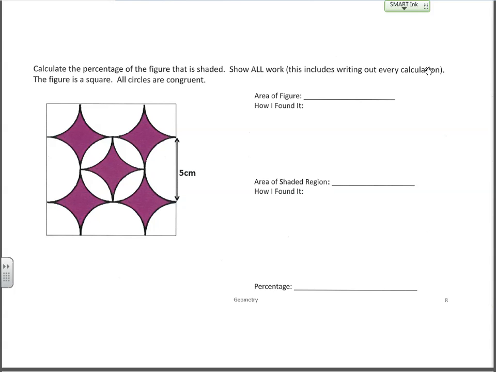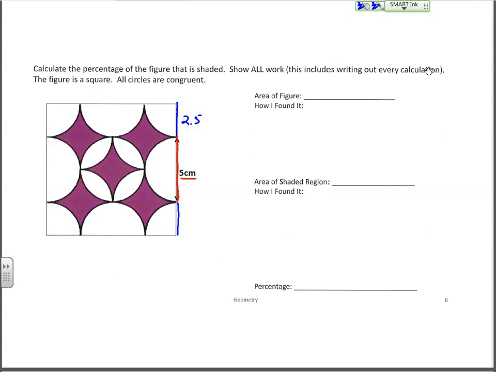So let's start with the area of the entire figure. The one measurement we are given here is this 5 centimeters, and that represents the diameter of this circle. And because it says that all circles are congruent, all circles or parts of circles here will have the same diameter, which means that the radius here is going to be half of that, or 2.5.